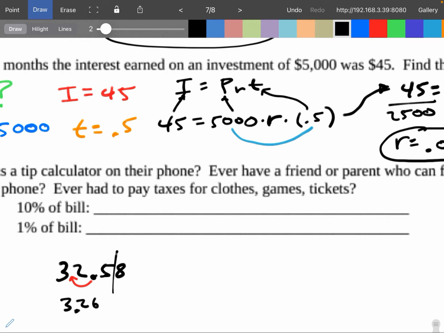Does that kind of make sense? Yeah, so if you want 10% of the bill, just move the decimal one place to the left. So that's what we got to write in on the blank there. So we'll just put move the decimal point one to the left.